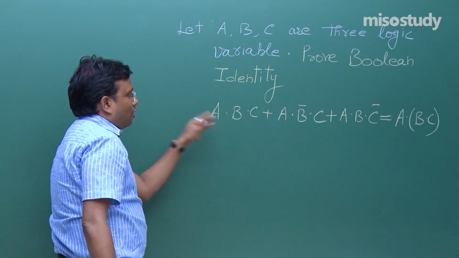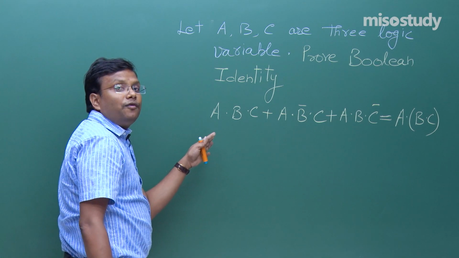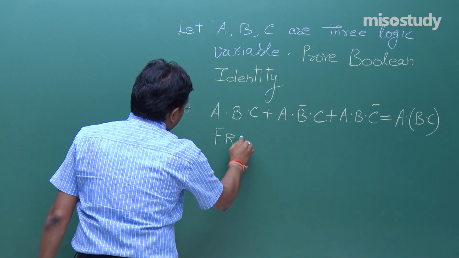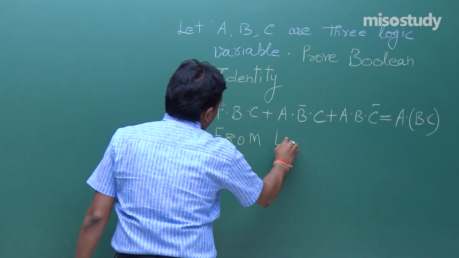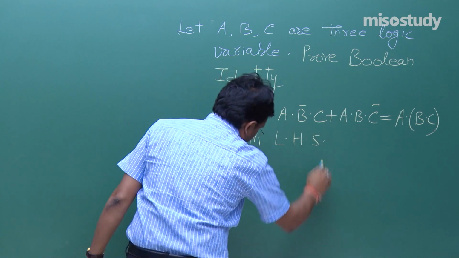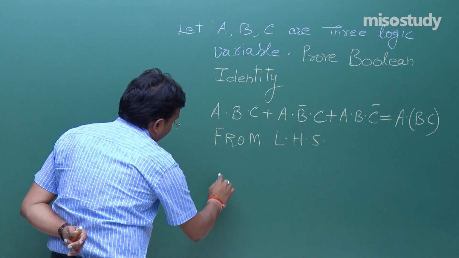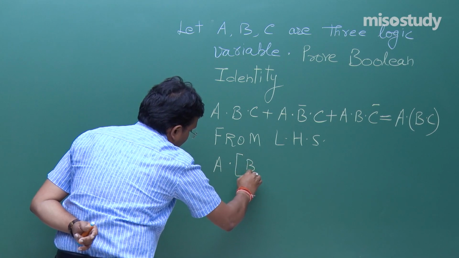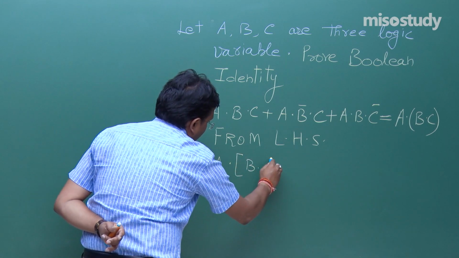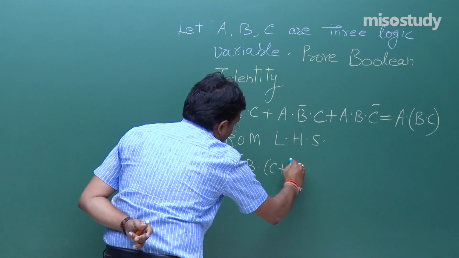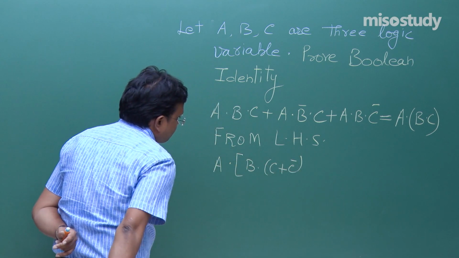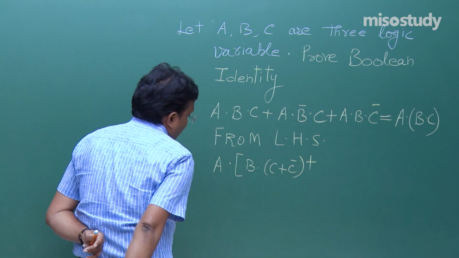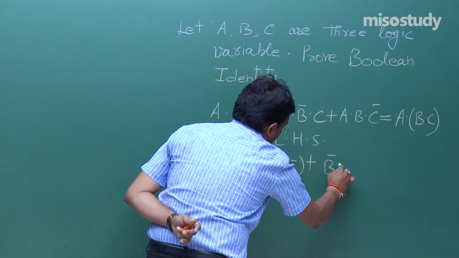So let us start from the left hand side and then prove the right hand side. So from the LHS, left hand side, we can write down after some minor changes, C plus C bar, plus B bar dot C.